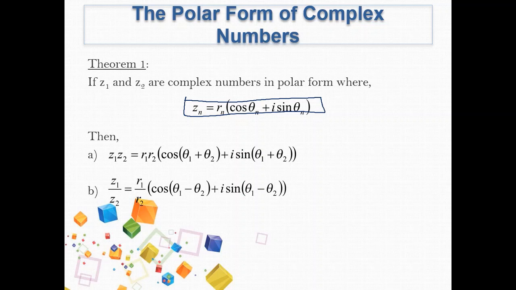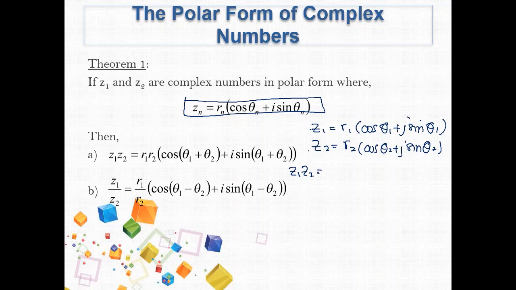All right, so let's say z1 is r1 cos theta 1 plus j sine theta 1, and you have another polar form labeled as z2, r2 cos theta 2 plus j sine theta 2. When you multiply these two, z1 multiplied with z2, it means that you multiply r1 times r2.